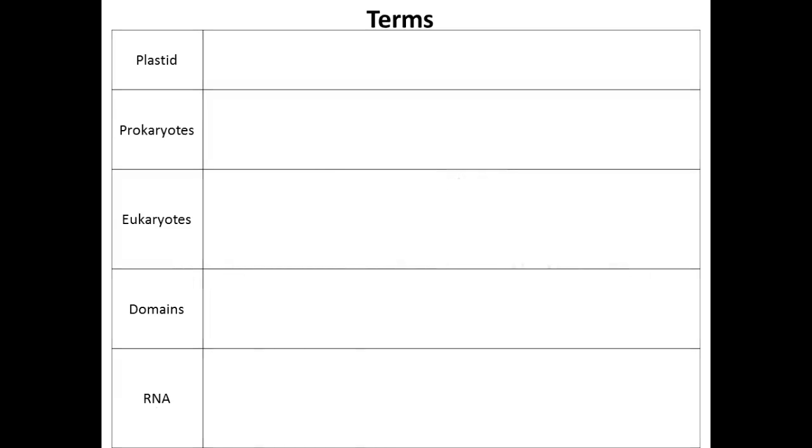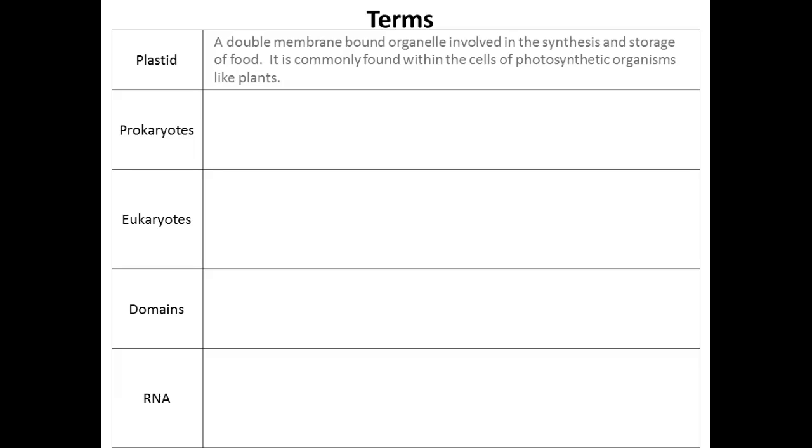So some characteristics and some terminology that goes along with these. I had this really long definition for you guys of plastid on your homework already, right? To kind of summarize, these are double membrane bound organelles. These are only in eukaryotes, involved in the synthesis and storage of food.